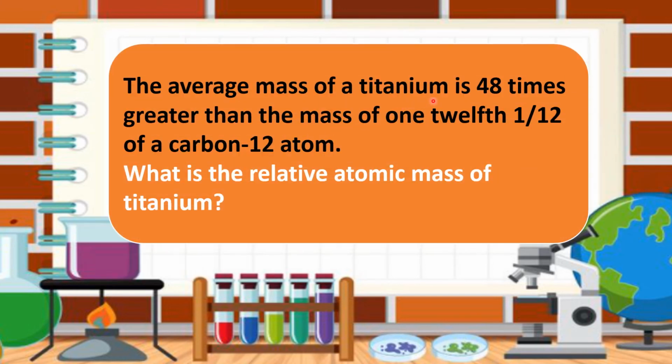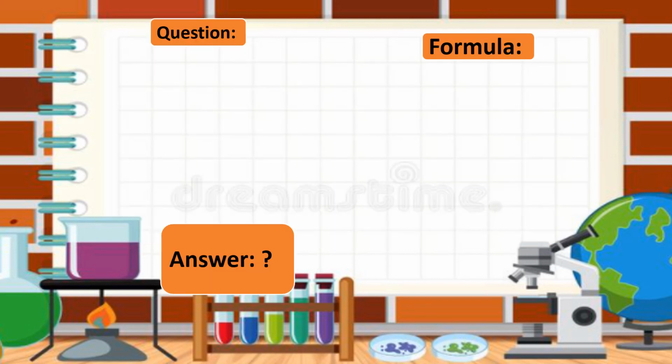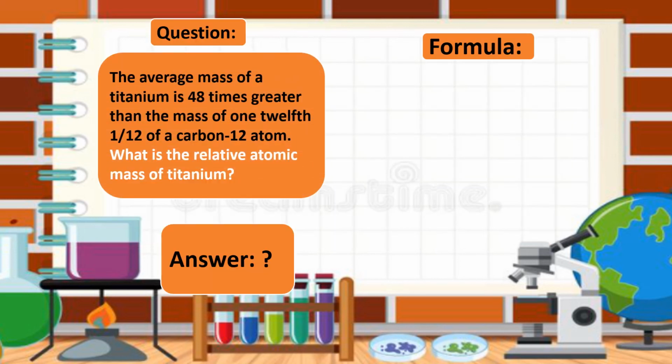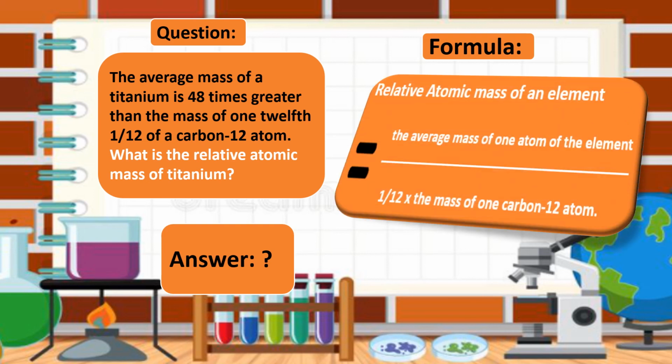The average mass of titanium is 48 times greater than the mass of 1/12 of a carbon atom. Question: what is the relative atomic mass of titanium? Let me read the question again. The average mass of a titanium is 48 times greater than the mass of 1/12 of a carbon-12 atom.